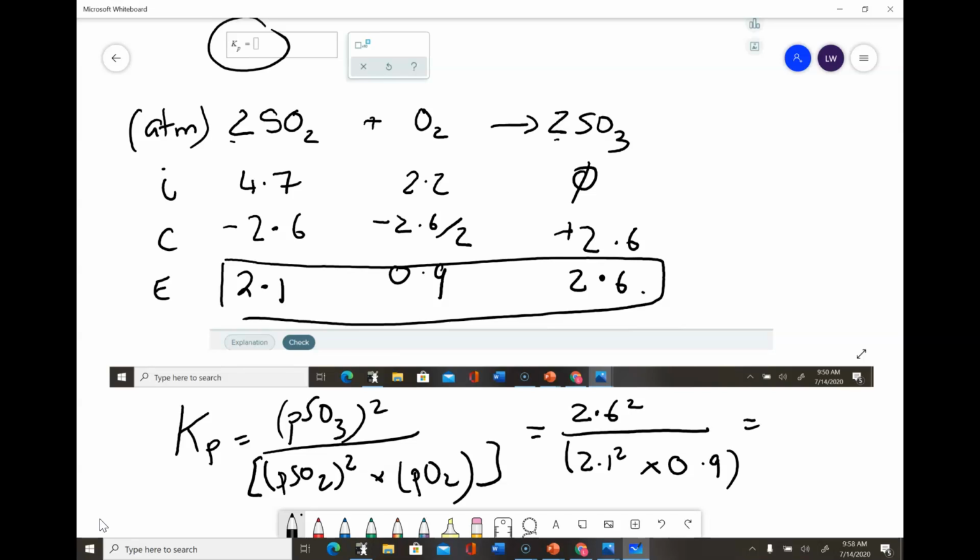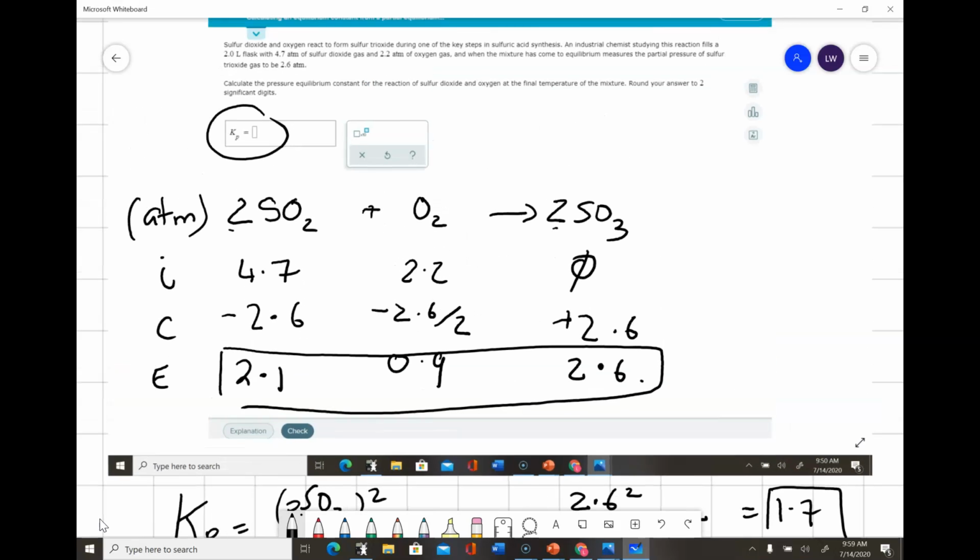And so in the end, K's are always unitless, but we want this to be to 2 significant figures as asked in the question, and we'll see what we get there. And so when I do that, I got an equilibrium constant of 1.7 to 2 significant figures.